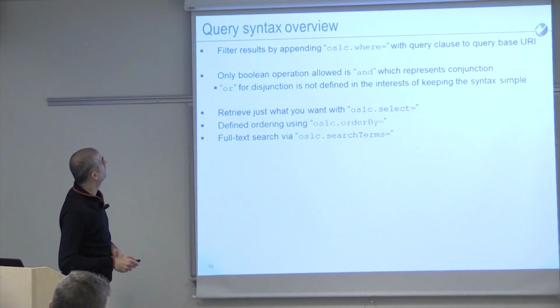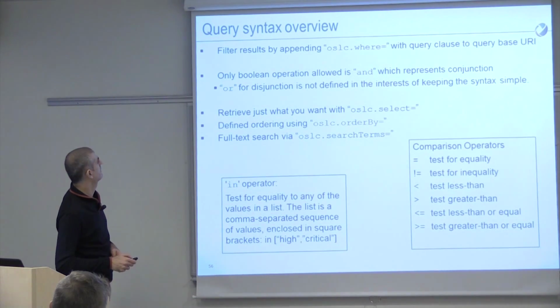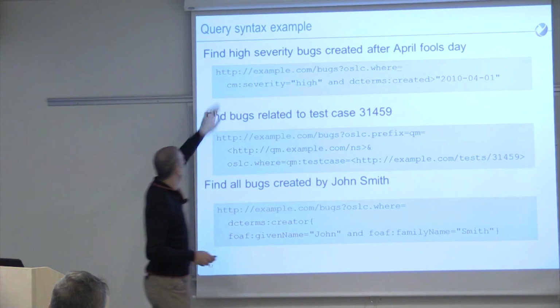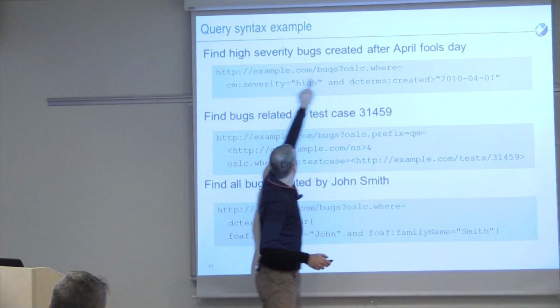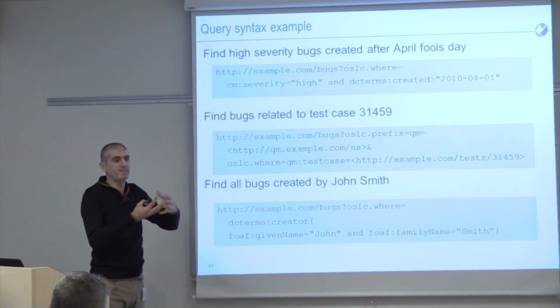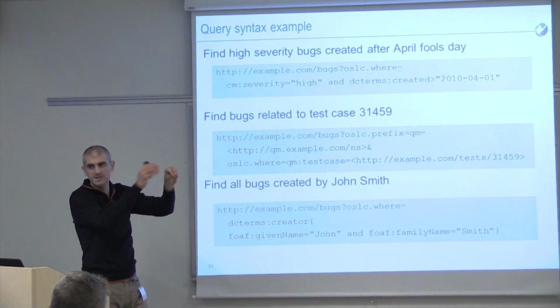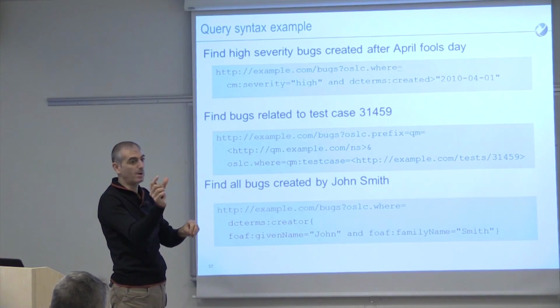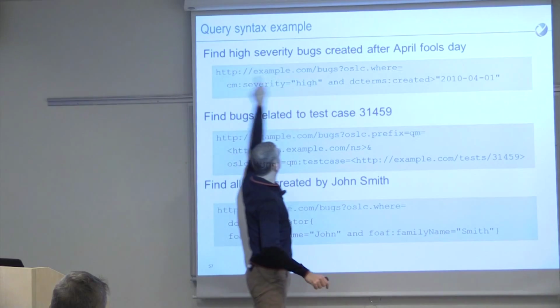This is just an example. Let me see if I get there. It's better to take it straight from the example. So this is your service provider URI for making a query. You find this out by asking the service provider what its query capabilities are, and you get them. One of the properties is the URI, the base URI for your query. It will be that one.